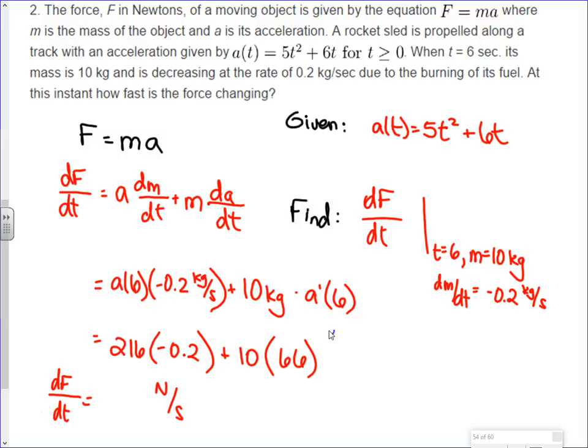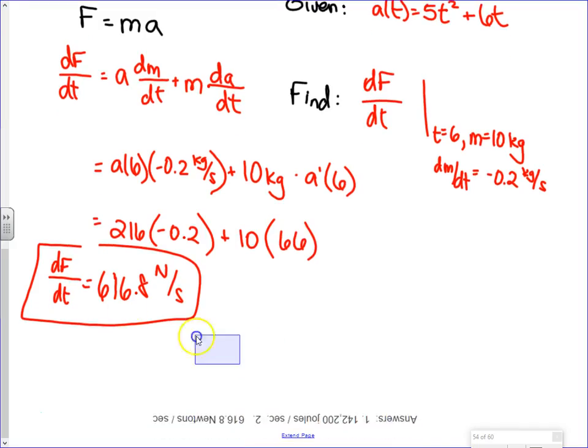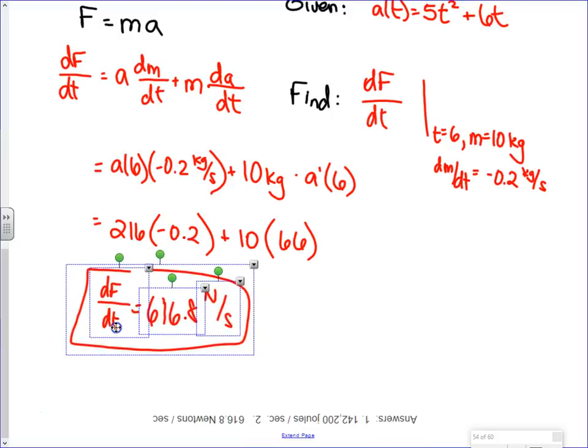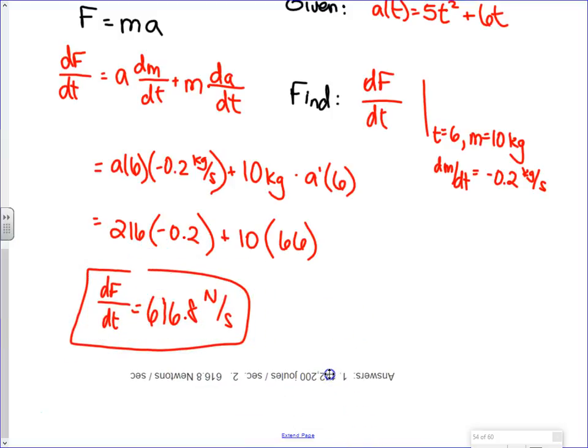Divided by 5 would be 43.2, negative. So then 660 minus 43.2. Oh, that's what I did wrong. I'm sorry, I did 216 times negative 0.02. I do that a lot for some reason. 616. Does that look good? 616 newtons. Hey, look, we got it.